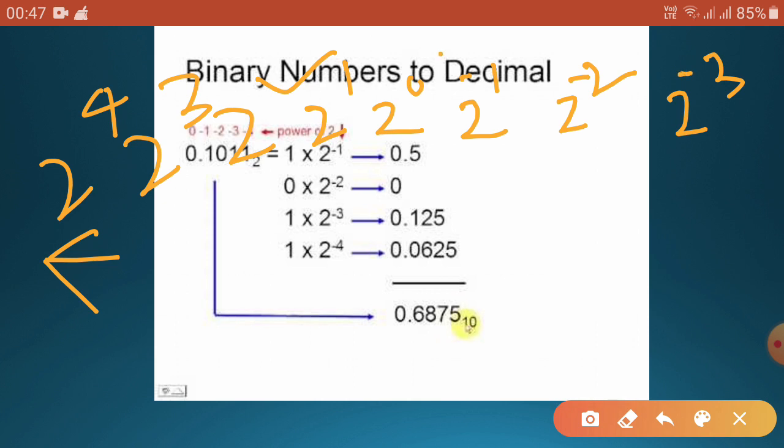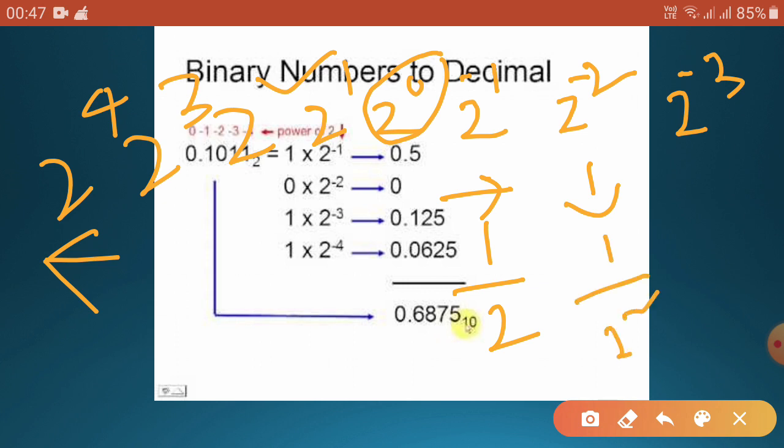So after 2 to the power 0, on the right hand side it will be 2 to the power minus 1, 2 to the power minus 2, 2 to the power minus 3. That means 2 to the power minus 1 means 1 by 2, 2 to the power minus 2 means 1 by 2 to the power 2, and 2 to the power minus 3 means 1 by 2 to the power 3. So on the right side it will be negative powers, and on the left side positive powers.